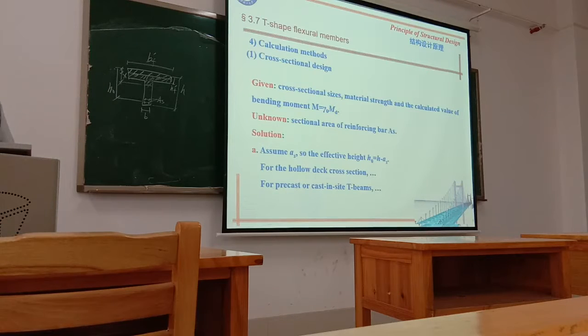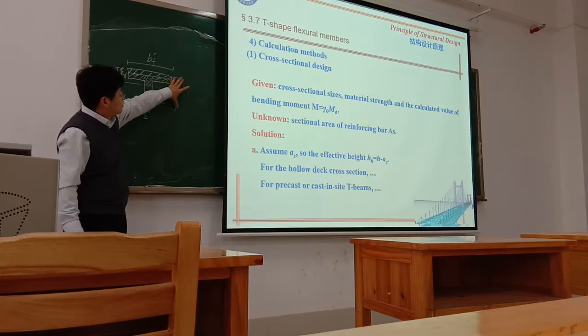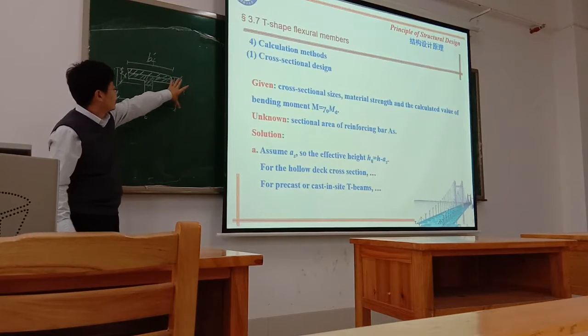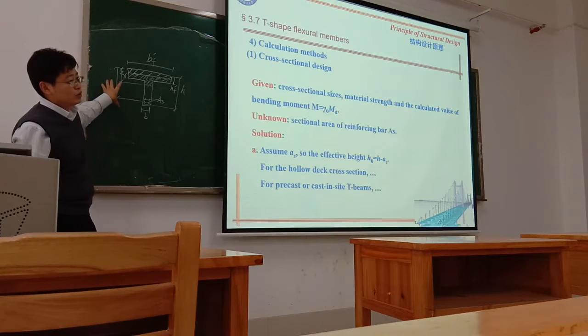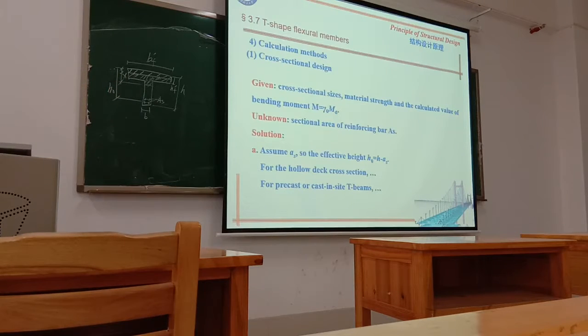For the rectangular shape, the first step is always to assume AS, because the section size H and B are given, and we need to know H0. So H0 equals H minus AS. Then we get the effective height H0.